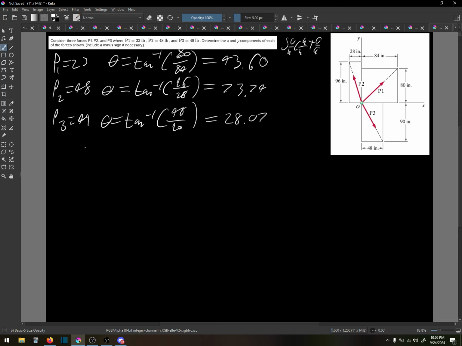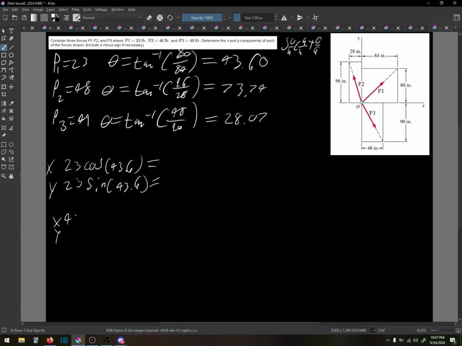So now all we need to do, for P1 it's going to be 23. This is going to be x, and this is going to be y. It's going to be 23 cosine 43.6, and this one's going to be sine 43.6. We'll just do the x, y components of each of these.